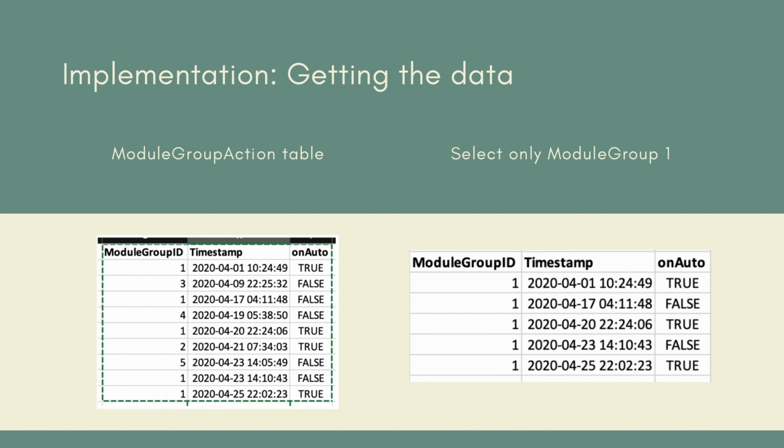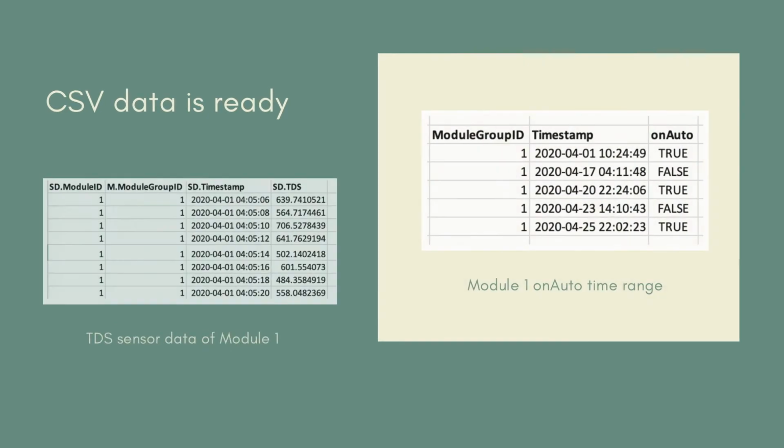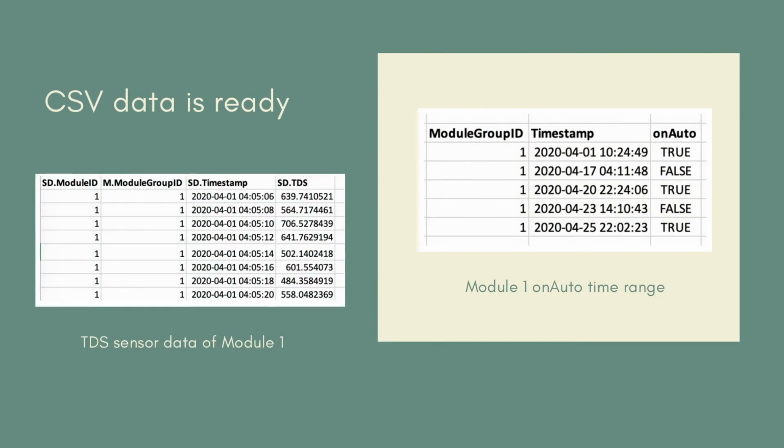We extract the module group action table for only module group 1. We then export the module group action table to another CSV file. Now, we have a table with TDS sensor data for module 1 and the ranges of time the module group 1 is on automatic mode.